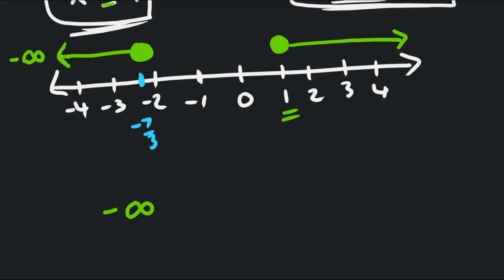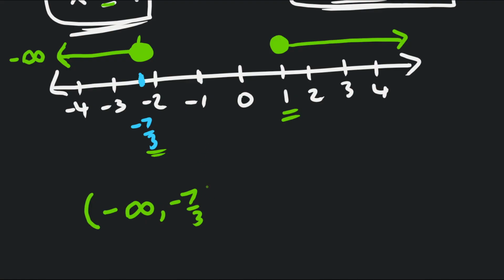Okay, now for this arrow, what is the rightmost number? If I follow this arrow all the way to the right, I will stop right here at negative 7/3. Great, and are we going to use parentheses or brackets? For negative infinity or any infinity, you always use a parentheses, okay?